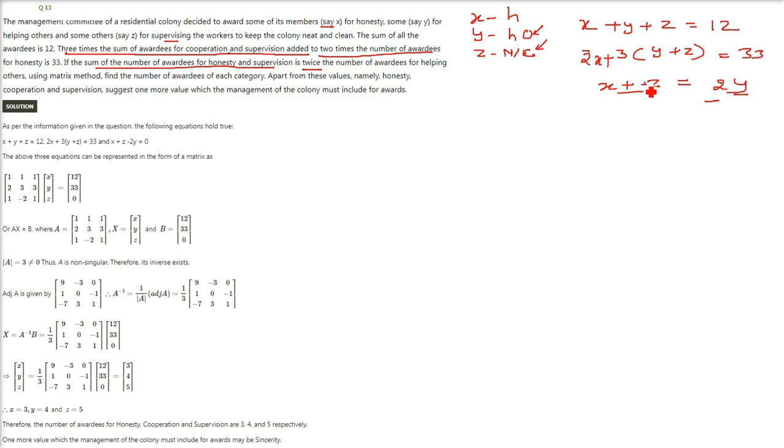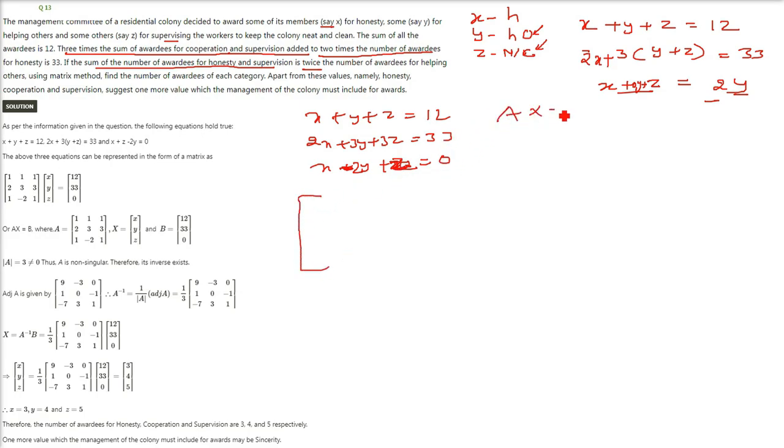Now let us form this equation properly, and if we are able to form the matrix and the constant, we'll be able to solve this. So X plus Y plus Z equals 12, 2x plus 3y plus 3z equals 33, and we can take 2y to the left on the negative, so X minus 2y plus Z is equal to 0, right?